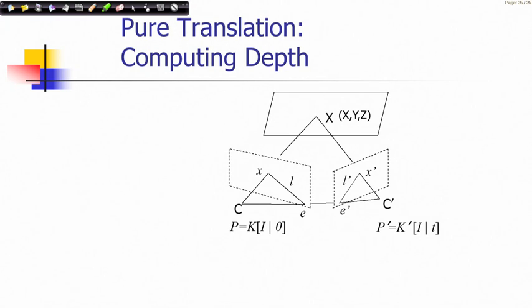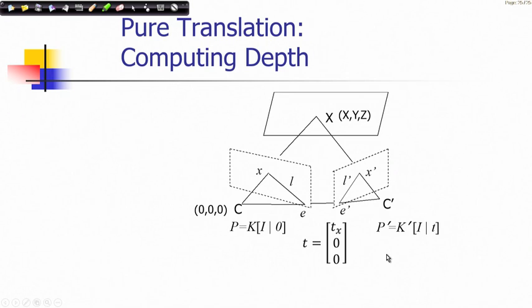Let us discuss how we can compute depth under pure translation. Consider these two cameras in the stereo setup. As we have already mentioned, we have the corresponding camera matrices P and P prime, where P is given by the K calibration matrix into identity and 0 translation, which means the center of the first camera would be at the origin.